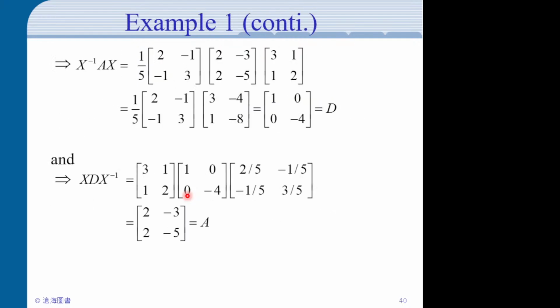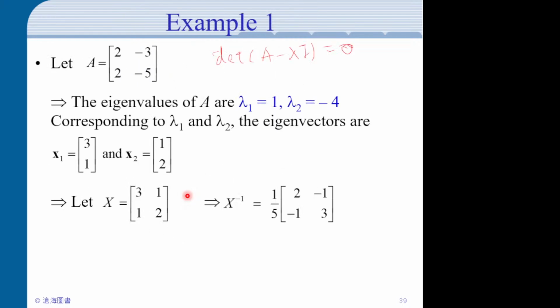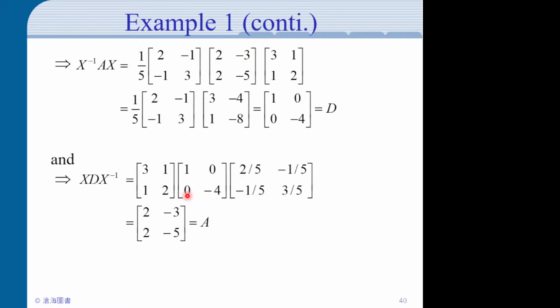But it's a bit funny because we already know the diagonalization result, since we calculated the eigenvalues first. So you know the diagonal matrix first, and these two steps are more like checking.